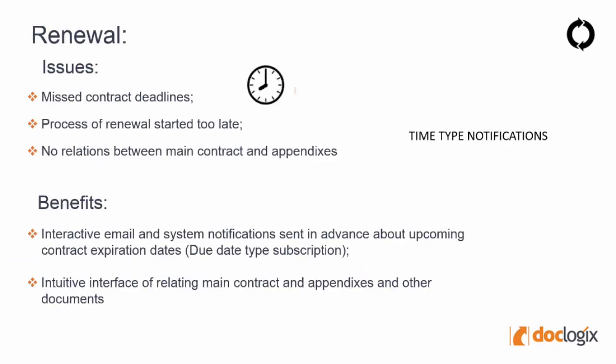And also renewed and prolonging. So in here the system serves time-based notifications, which means that a timer is triggering the notification for the responsible performer when the time is near to the expiration dates for their contracts. So with this you'll be sure you'll be on time before the expiration date expires.